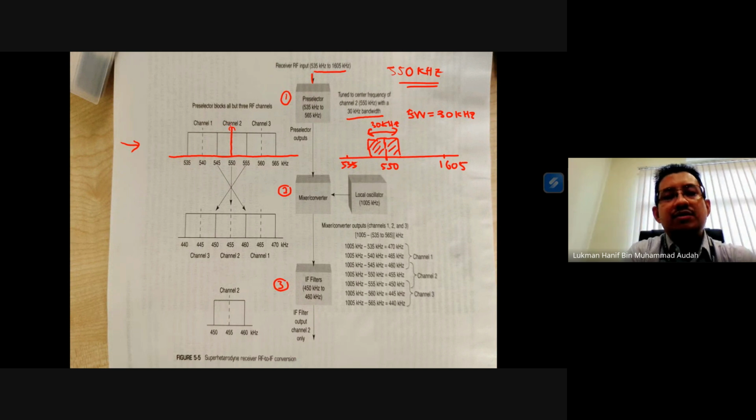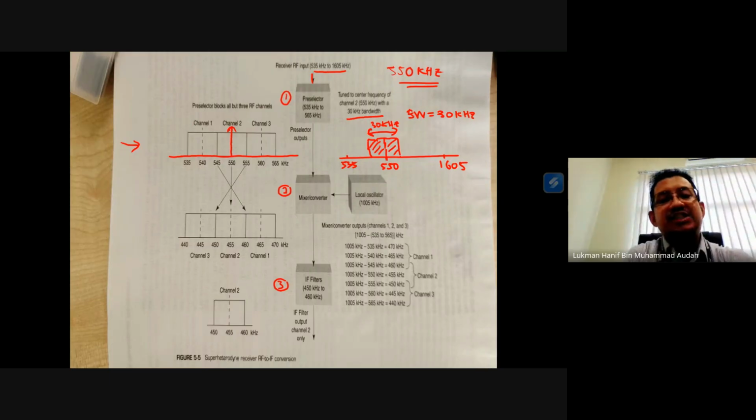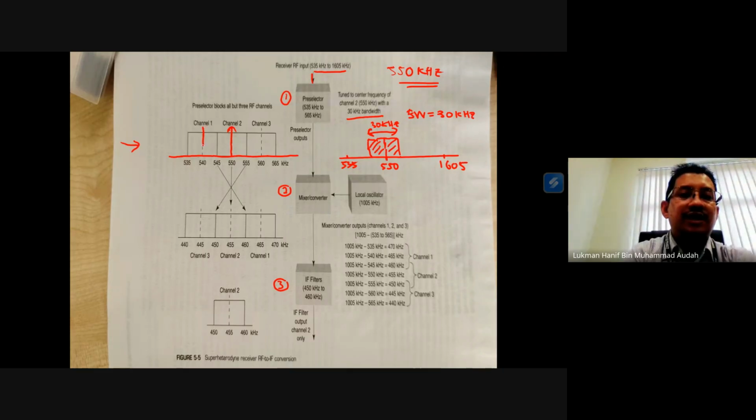However, since the bandwidth of the preselector is 30 kilohertz, it will also let pass through channel number 1 and channel number 3. Channel number 1 is located at 540 kilohertz, while channel number 3 is located at 560 kilohertz.